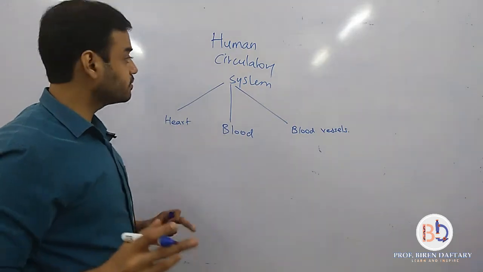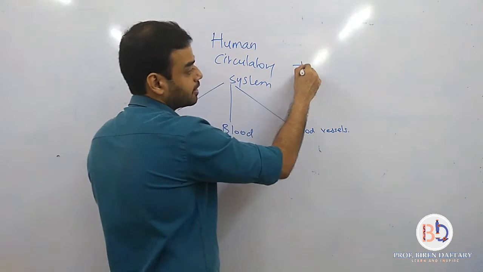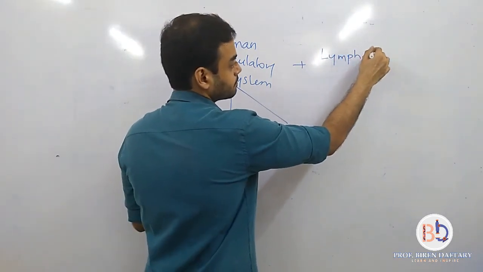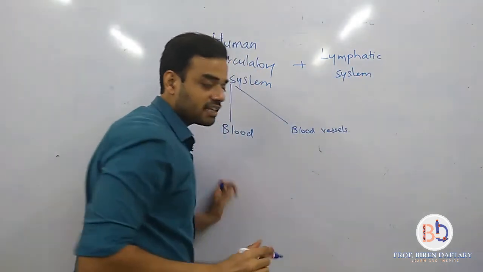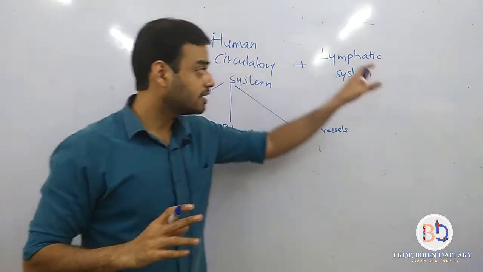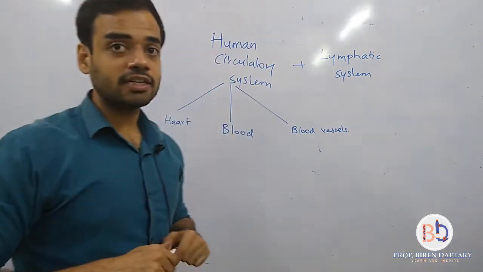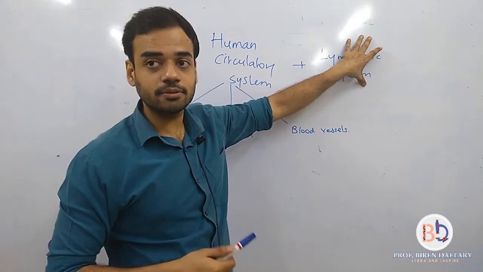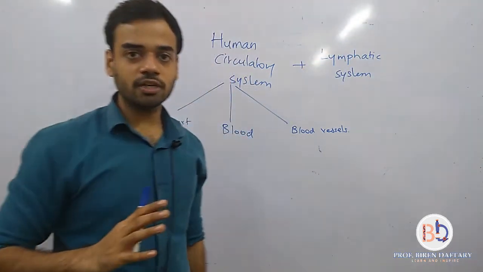But apart from this, the circulatory system is also helped by a system called the lymphatic system. The lymphatic system has lymph, which is the liquid. We had studied lymph, interstitial fluid. That same thing is present in the lymphatic system. So in very advanced organisms, the circulatory system is helped by the lymphatic system. We are going to study this system towards the end of the chapter, so don't worry about that.